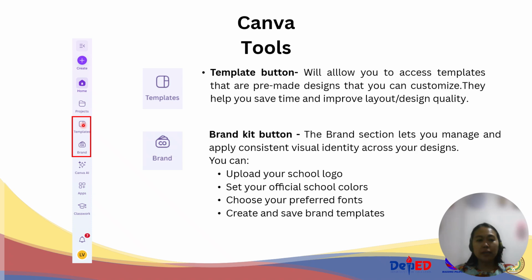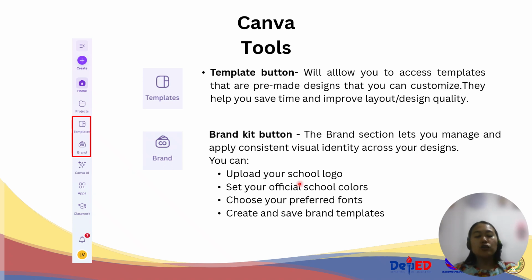Next, we have the template and the brand button. Template button will allow you to access templates that are pre-made designs that you can customize. They help you save time and improve layout or design quality. While brand kit button, it lets you manage and apply consistent visual identity across your designs.